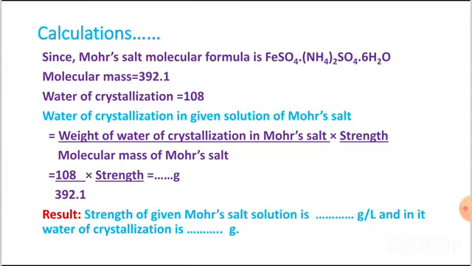Input all the values, that is 108 is weight of water of crystallization in Mohr salt, divided by molecular mass of Mohr salt, which is 392.1, and multiplied by strength, which will be equal to dash gram. Now finally the result is: strength of given Mohr salt solution is dash gram per liter, and in it water of crystallization is dash gram.